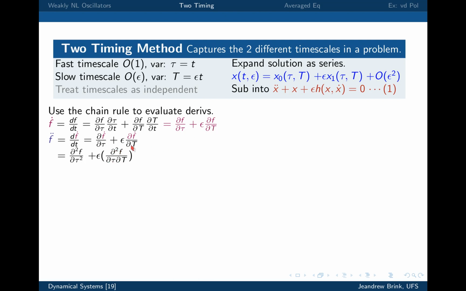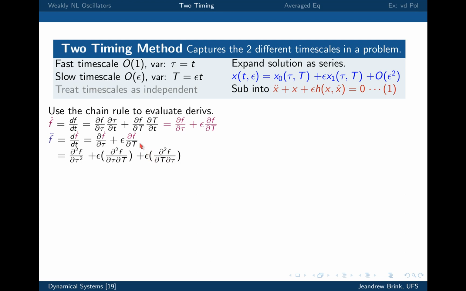Okay, and now we're going to do the second term, which is epsilon times d/dT of f dot. So the first term is d/dT of this thing. So we have epsilon from there, and then we have the second derivative of f with respect to the slow time and then the fast time.